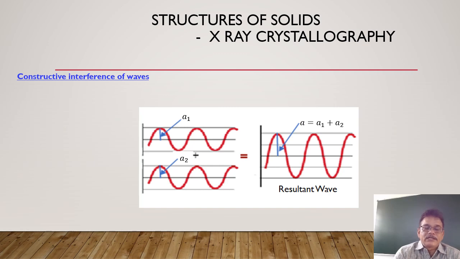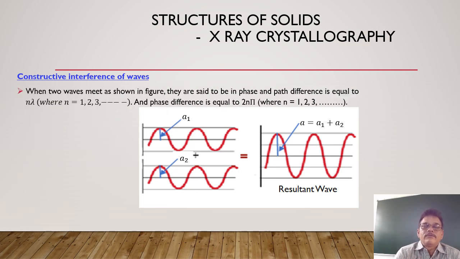In constructive interference, the amplitude of the resultant wave will be the sum of the amplitudes of the two waves undergoing superimposition. So the amplitude of the resultant wave A is equal to A1 plus A2, right? The amplitude of the resultant wave is more than either the first wave or the second wave. So in constructive interference, amplitude increases.